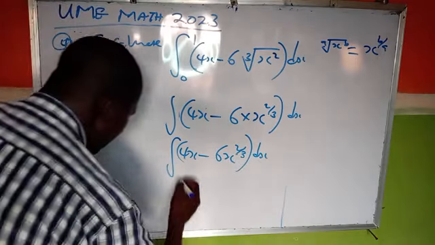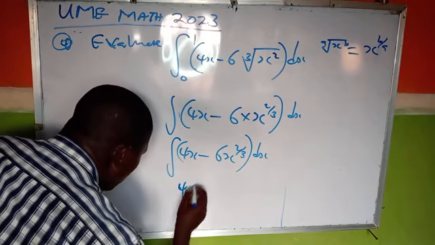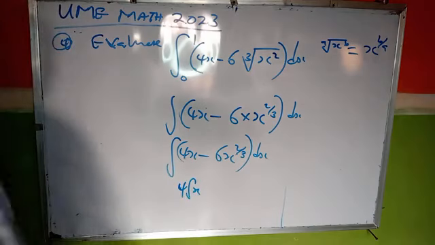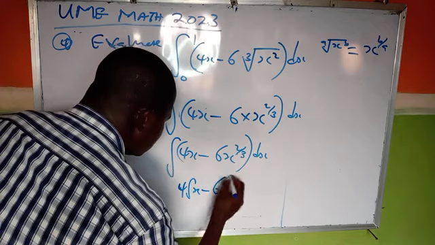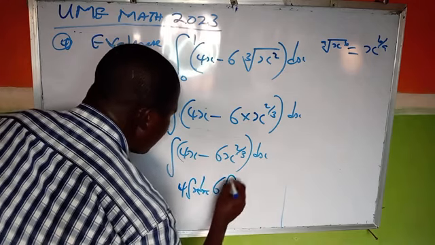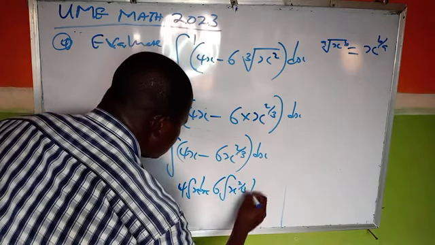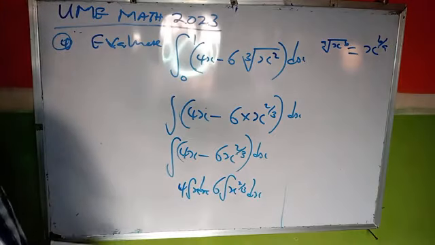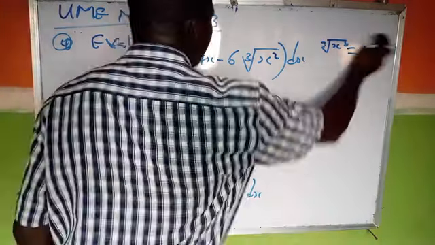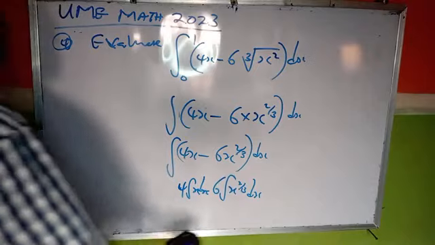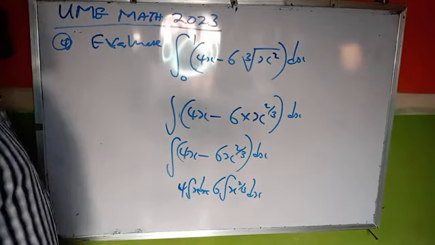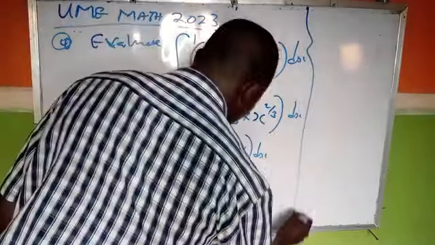So here, you have 4 integral of x minus 6 integral of x raised to power 2 over 3 dx. So that is what we have. Then integral of this is what?